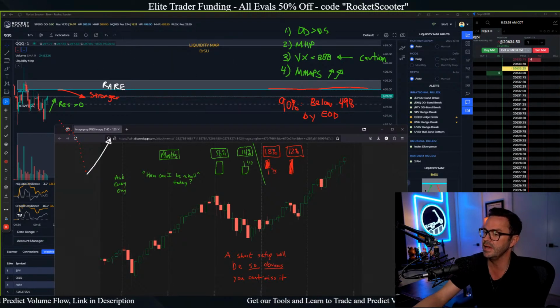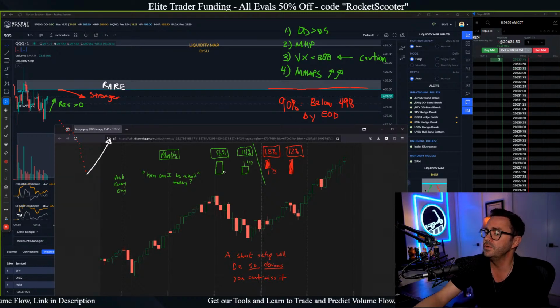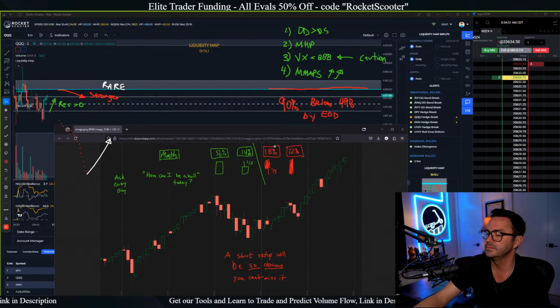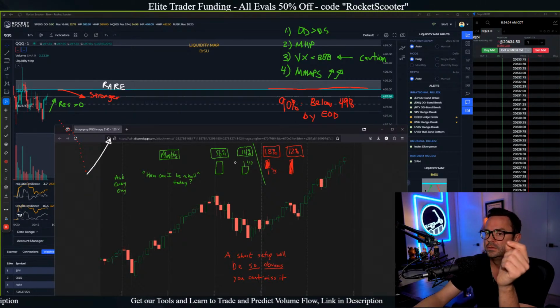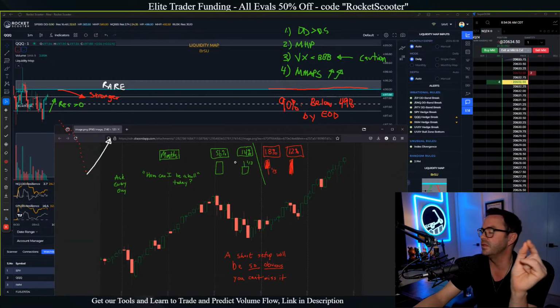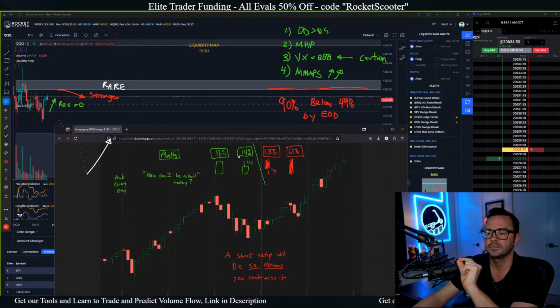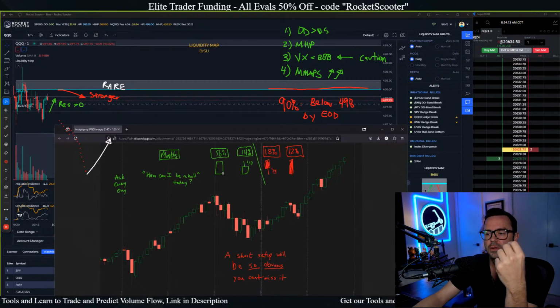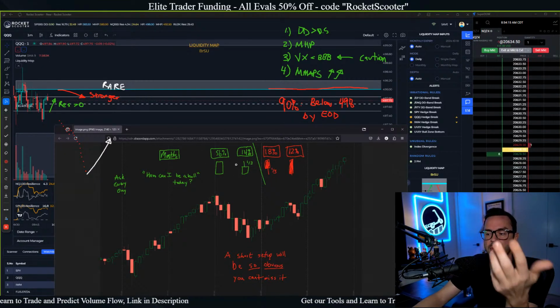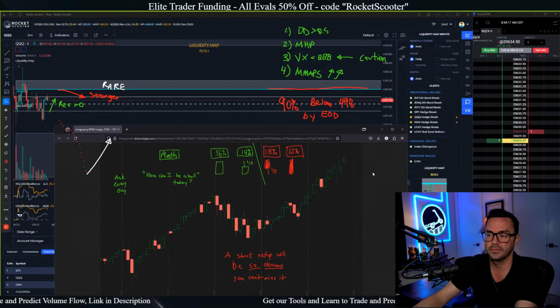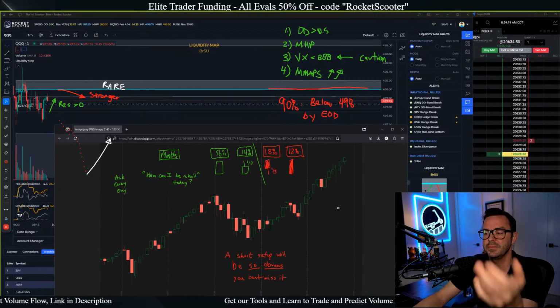How do we know this? Well, everything we do is stats. So, did you know, on the monthly scale, over the last 100 months, 70% of months were green. Easy to see that. 30% of months were red.